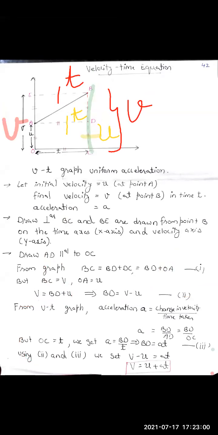So we know that from the velocity time graph, we can find acceleration. How can we find acceleration? We know the acceleration formula. Acceleration is change in velocity upon time, right?